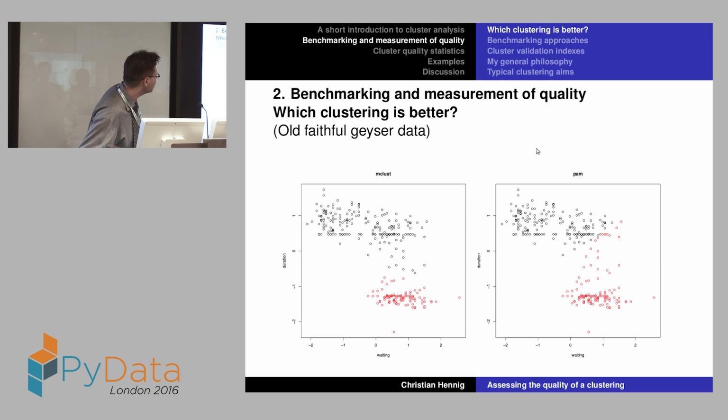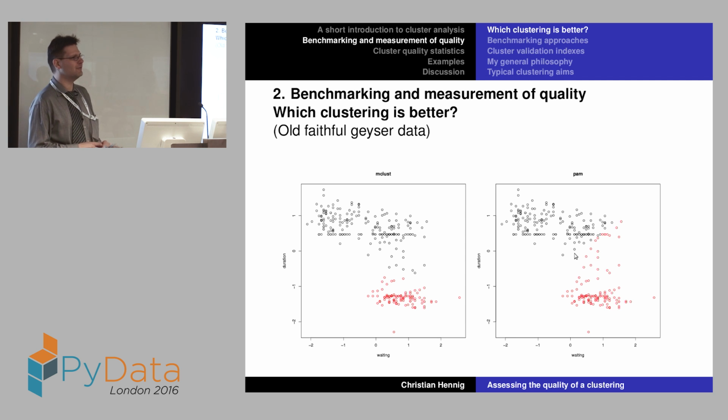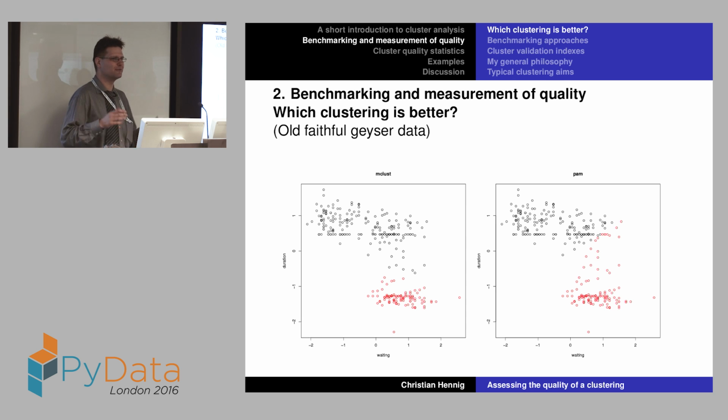You can see that some points are red and some are black; the colors are the clusters. Okay, we have something like 18 votes for number 1. Who thinks number 2 is better? A few, 4 or 5, good. We will see later whether the measurements that I show you will reproduce this.